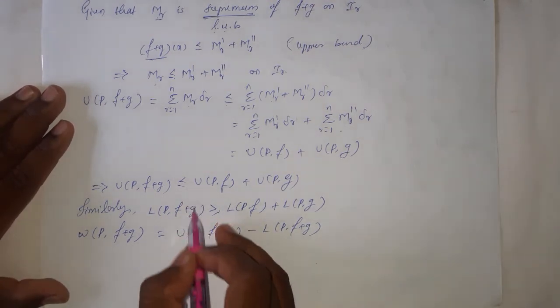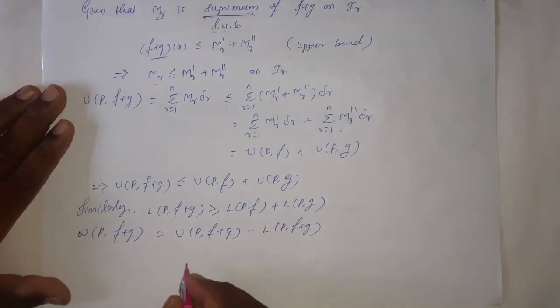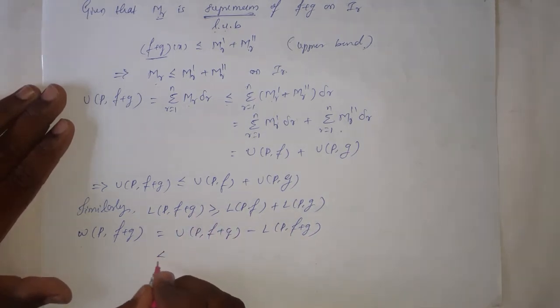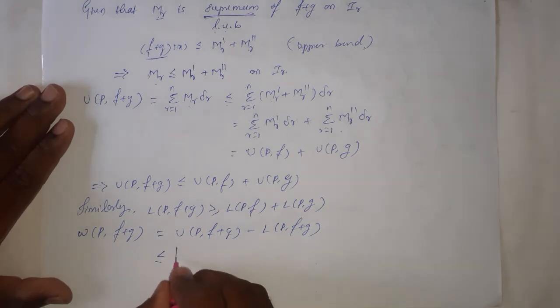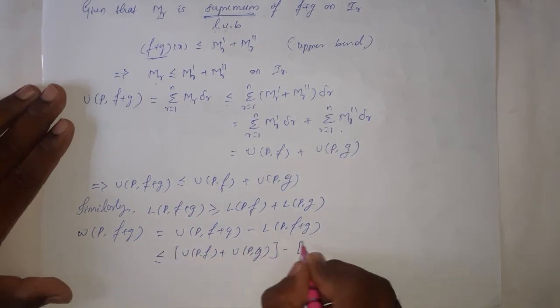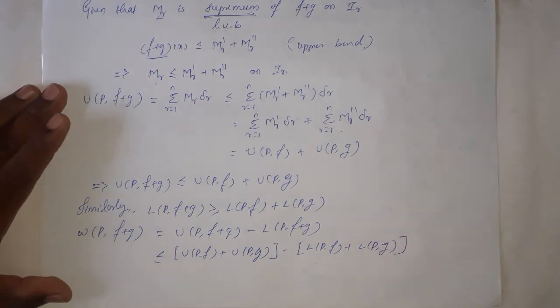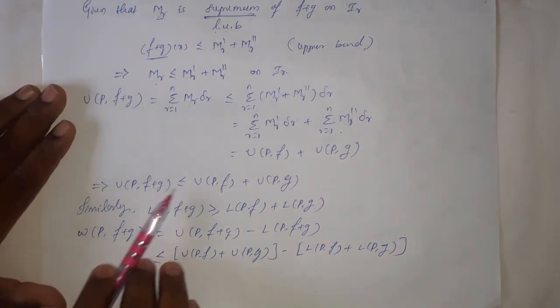And now by using these two inequalities we can replace this expression as less than or equal to UPf plus UPg minus LPf plus LPg, because the lower sum is greater than or equal to that.